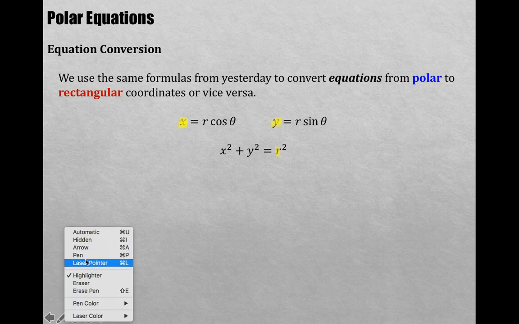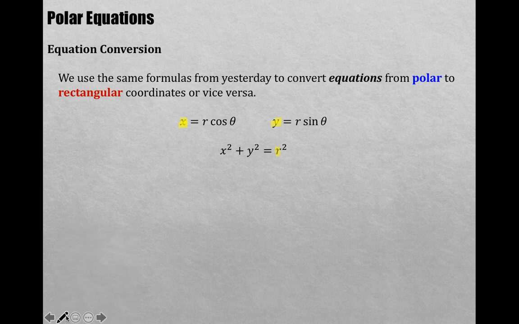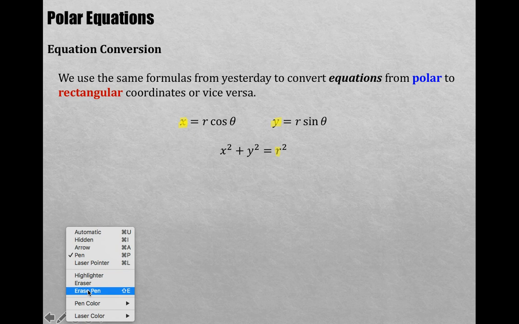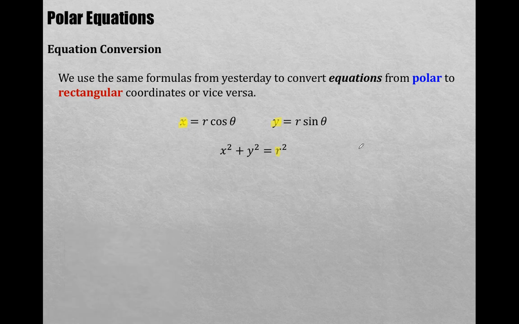I should have also put up here theta, right? Since tangent of theta is equal to y over x, theta is equal to inverse tangent, which has some restrictions, and I'm also dividing by x, which has some restrictions. So there's some issues there.